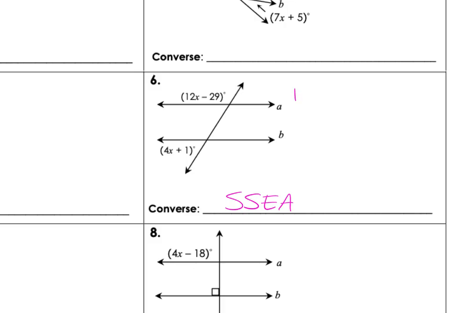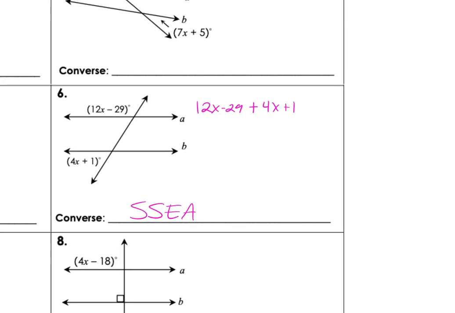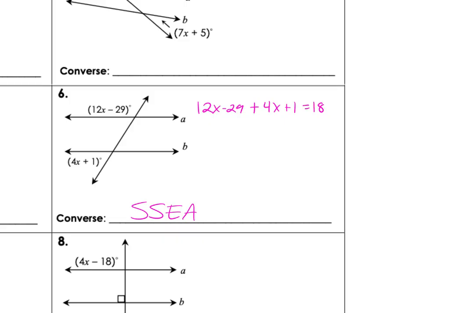So you're going to go 12x minus 29 plus 4x plus 1 and set that equal to 180. So 12x plus 4x is 16x. Negative 29 plus 1 is a negative 28 equals 180. Add your 28 and divide by 16.